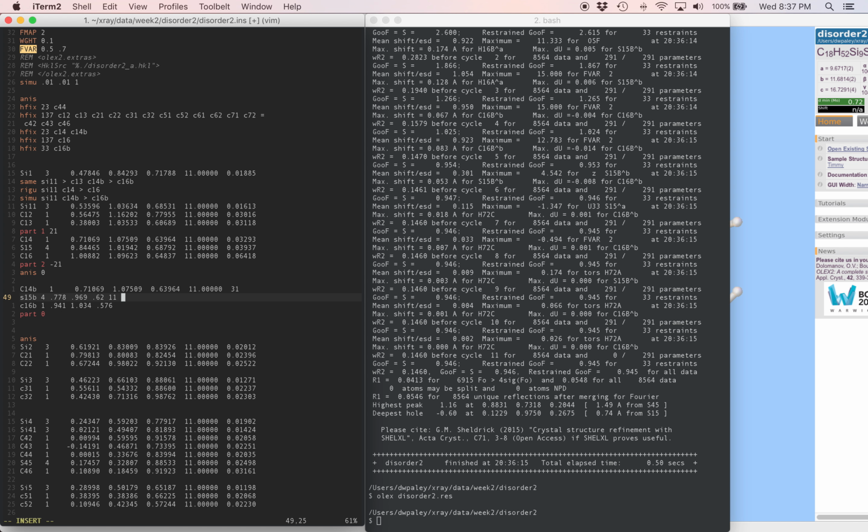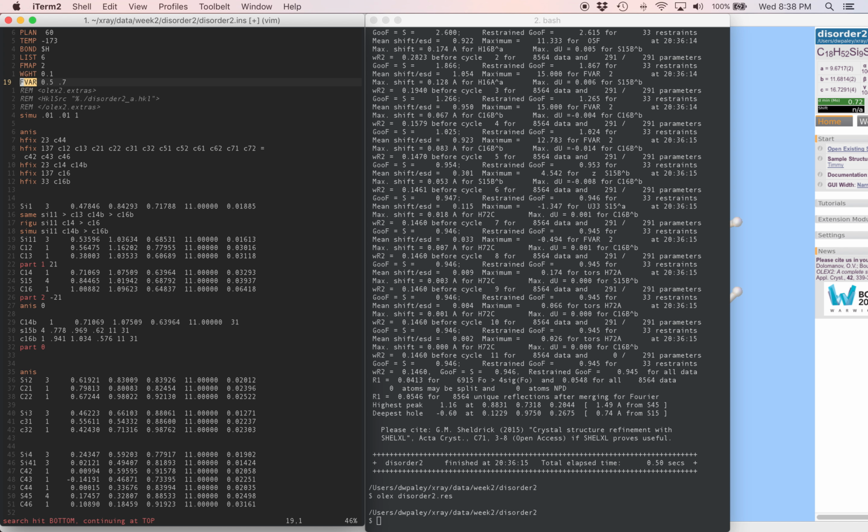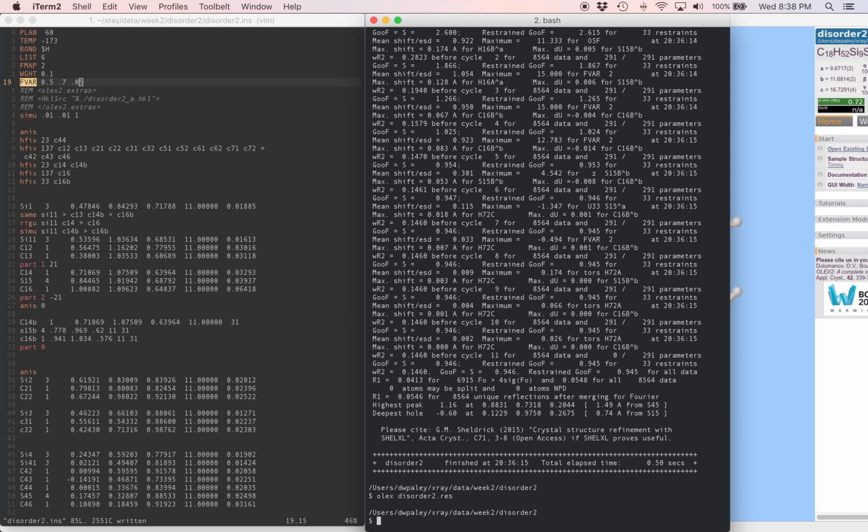So I'll just put 11. I'll put a 31 for the displacement parameters of all three of these atoms. Now we have to come up and add a third free variable. We'll put 0.05, which is a pretty typical isotropic ADP.